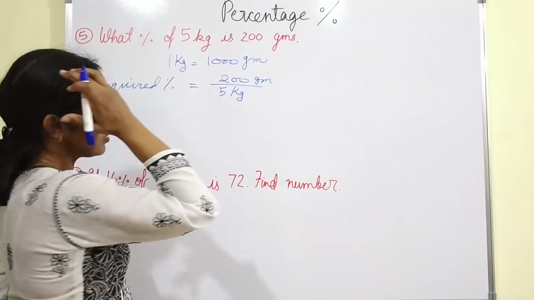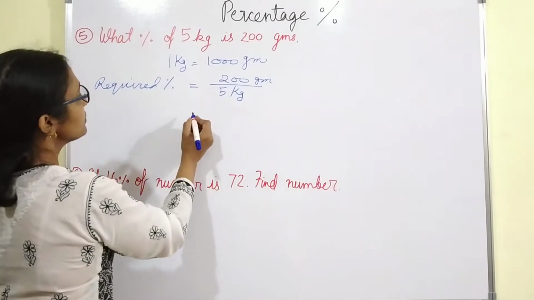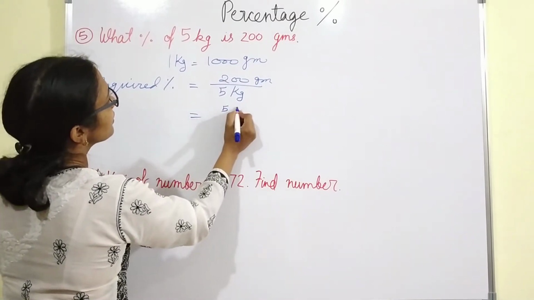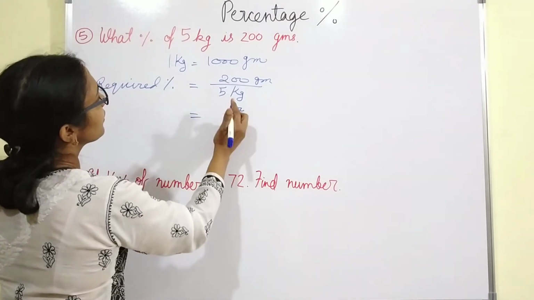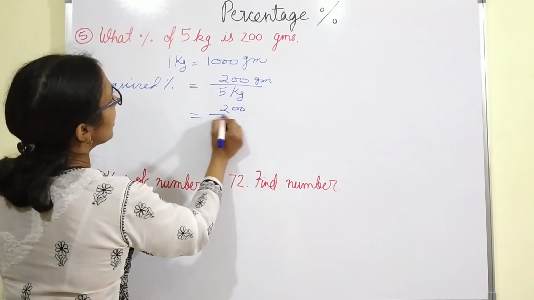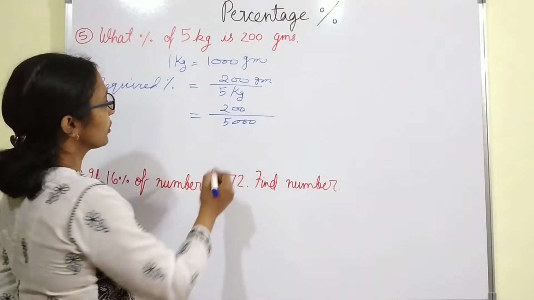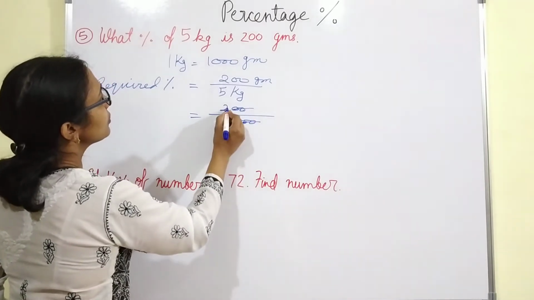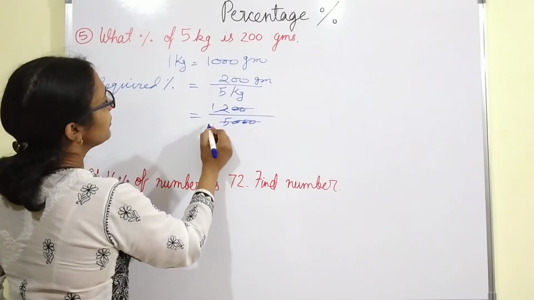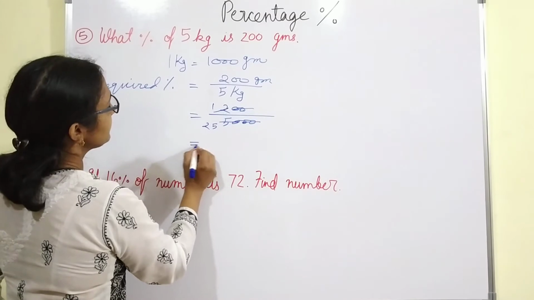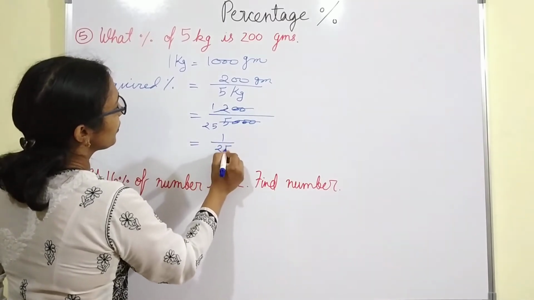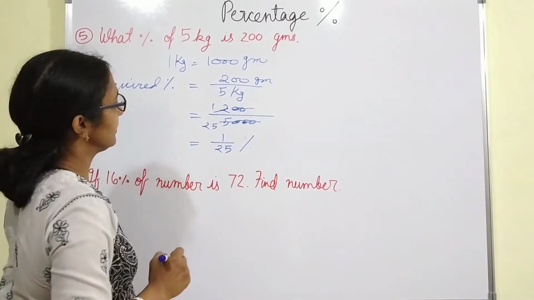Now you have to convert this 5 kg into grams, means 200 upon 5000 grams. Simplifying, 200 upon 5000 is 1 upon 25, which is 1 upon 25%.